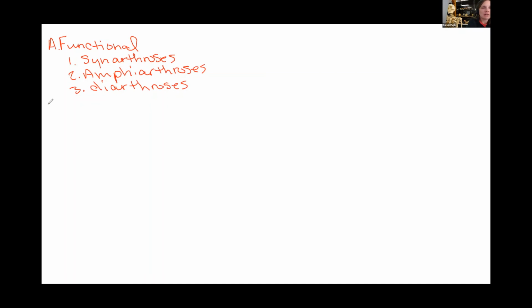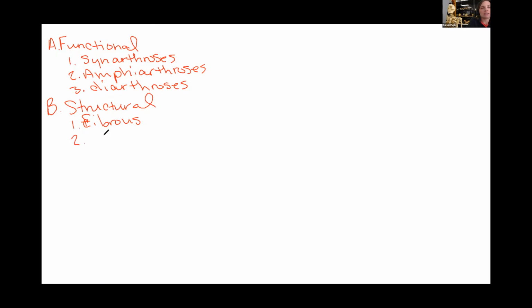And then we also walked through the structural classification of our joints. We started with fibrous joints, right? And remember our types of fibrous joints. We have sutures, syndesmoses, and gomphoses.